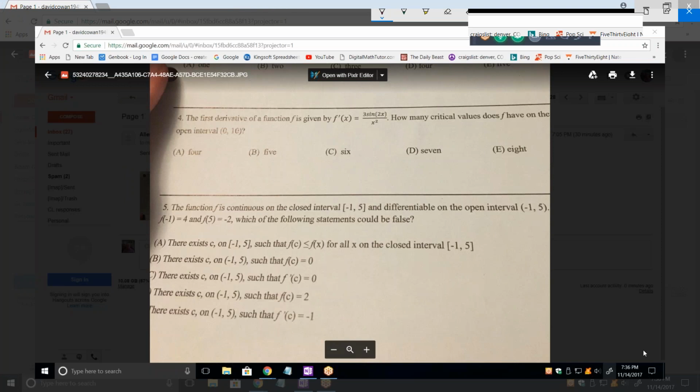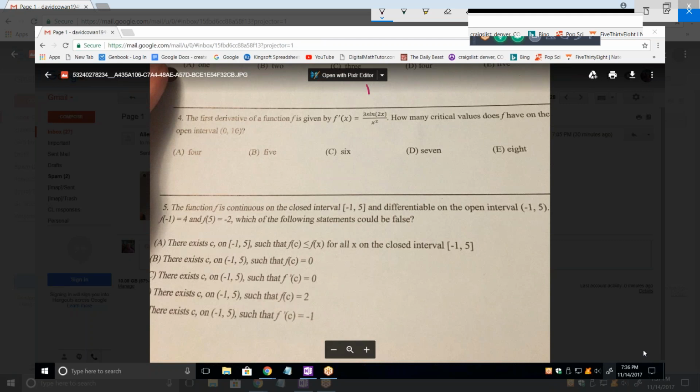Oh, it's continuous on the closed interval and differentiable on the open interval. Now that's interesting. That tells you it's not differentiable at the endpoints. And f of minus 1 is 4, and f of 5 is minus 2. Which of the following statements could be false?